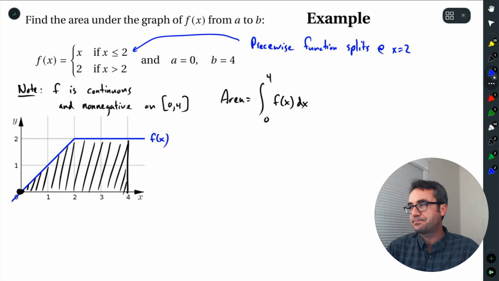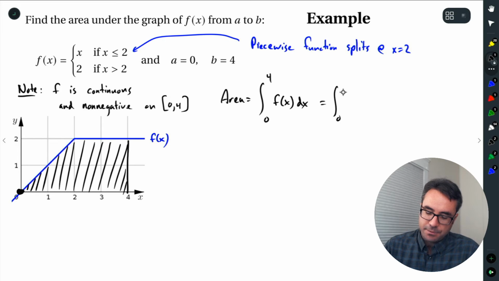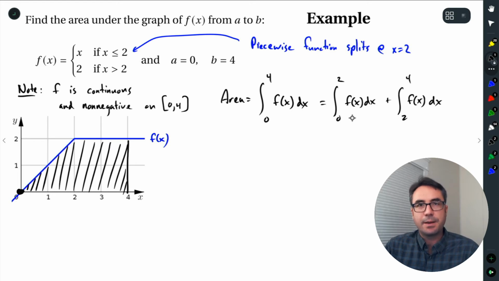When x is less than or equal to 2 and when x is greater than 2, the formula for our function is different. So what that means is, because we're integrating from 0 to 4, and because the piecewise function splits up inside that interval, we have to split up this integration. So we're going to integrate from 0 to 2, our function, and we'll add to that the integral from 2 to 4. So this is one of our definite integral properties.